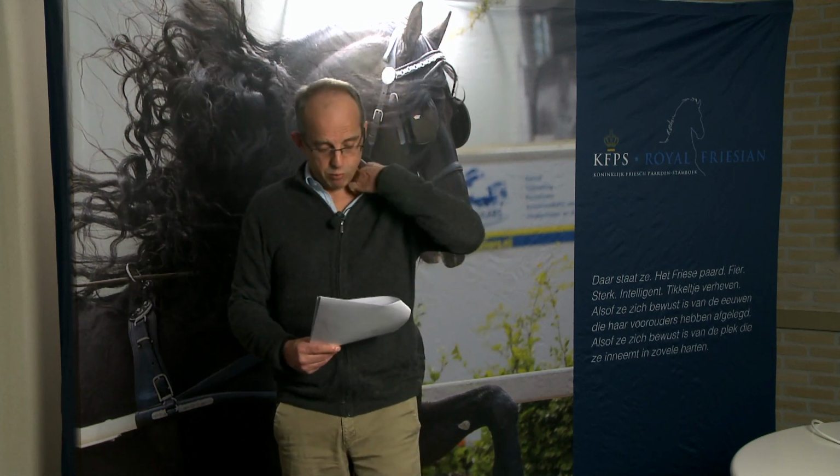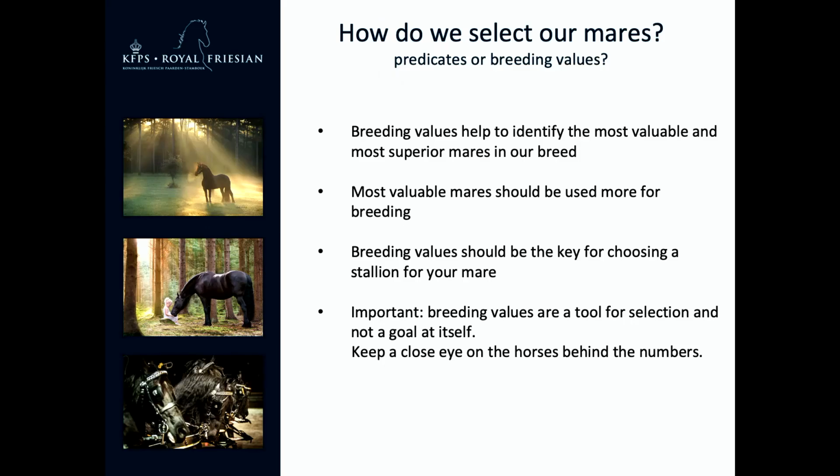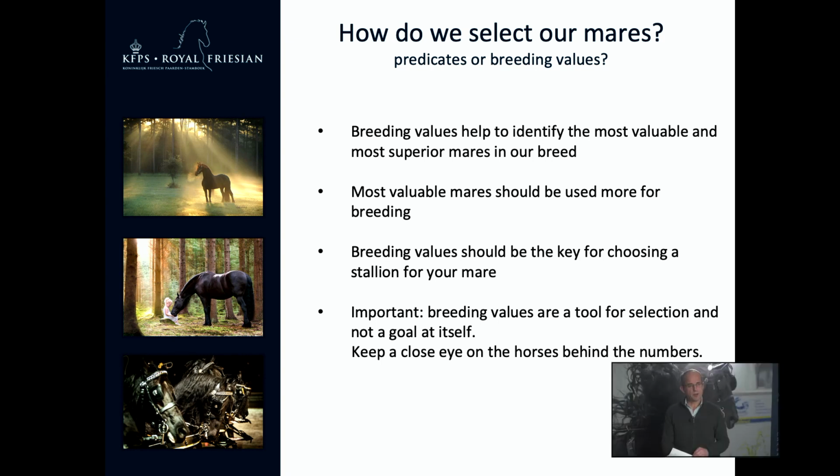But that could be a poor combination, because if one of the traits is a combination of a mare and a stallion that both have the negative trait, you may have a high parent average in total, but you may have one trait that's making that this mare might not even go star. So looking at breeding values is very important. Use them as a tool, not as a goal, and keep a close eye also on the horses behind the breeding values.